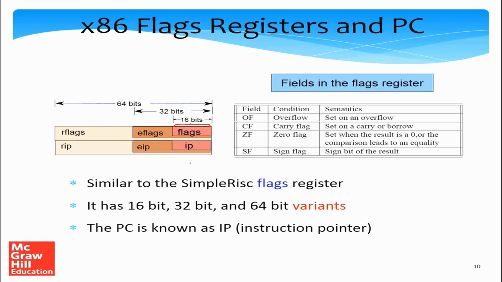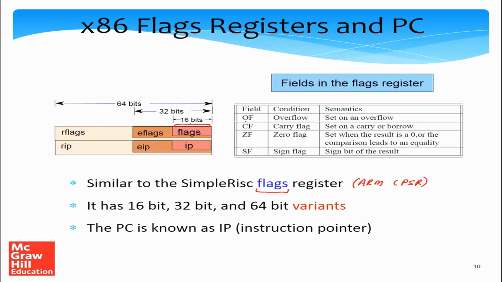The flags register is exactly similar to the simple RISC flags register or the ARM CPSR register. What it does is that it contains the results of the latest comparison. There are many bits, many subfields in this flags register.